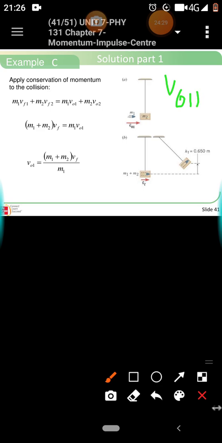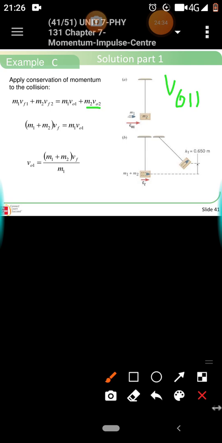And when we do that, we equate the momentum before and the momentum after.